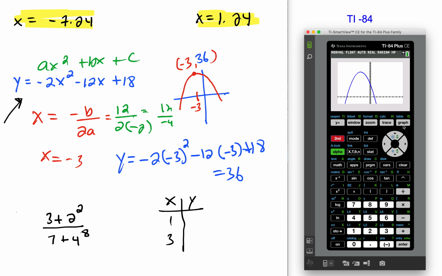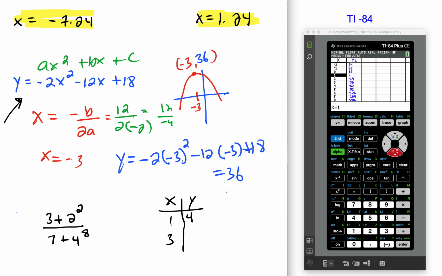You can go second graph, which is accessing the table right there, and you can see, when x is 1, y is 4. That's the same exact thing as plugging 1 right into here. You'll get 4. When x is 3, y is negative 36.